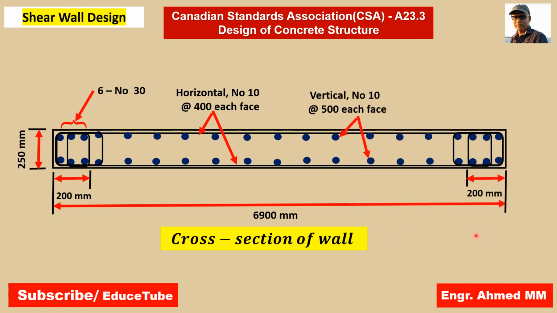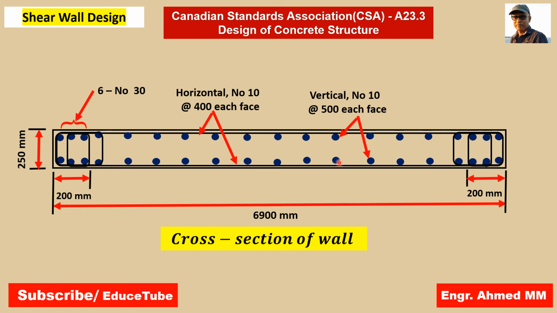So this is the cross section of the shear wall. We can see here 6 number 30 bars, and all this is steel. It is this one, vertical number 10 at 500 millimeter each face.